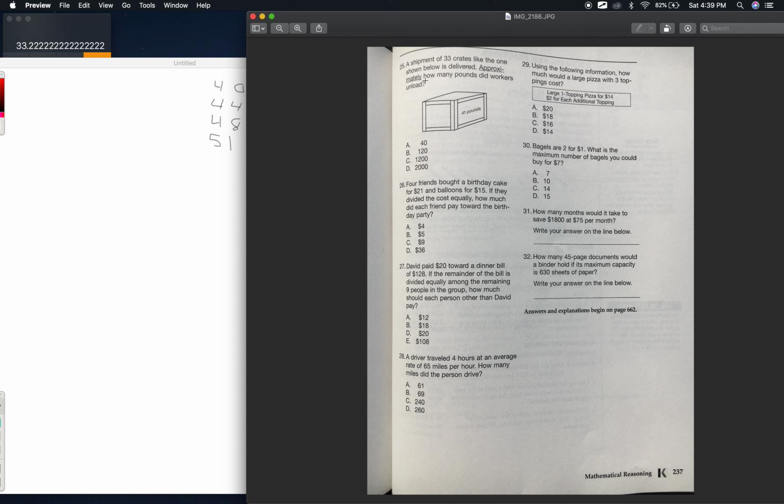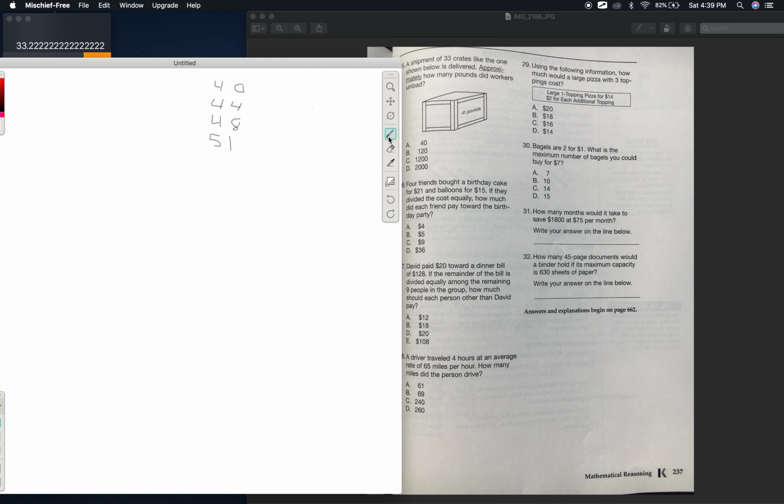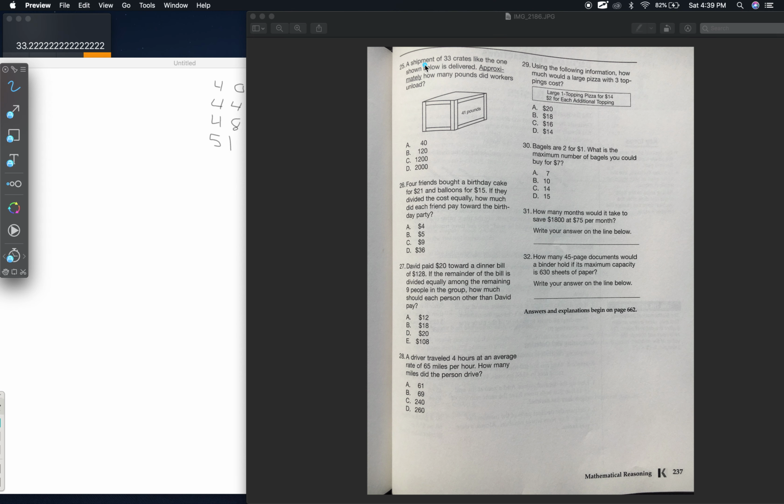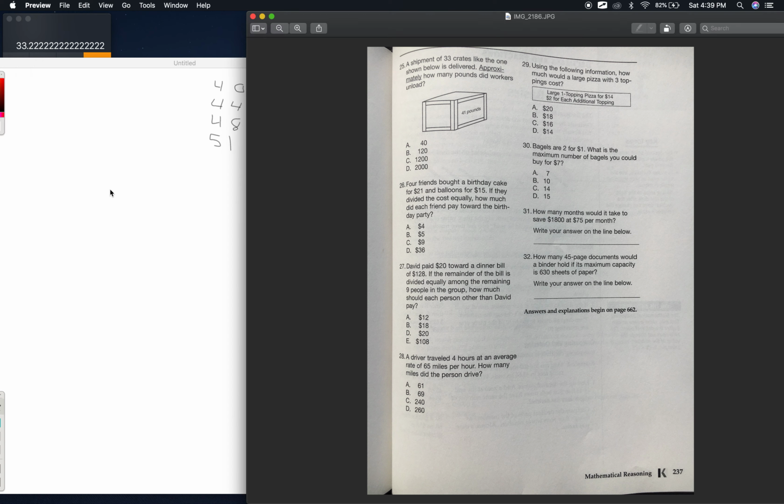Okay, so number 25 is a shipment of 33 crates like the one shown below is delivered. Approximately how many pounds did the workers unload? So we know there's 33 crates here, and each one weighs 41 pounds. Okay? So again, it says approximately, which is similar to about, which means to round.